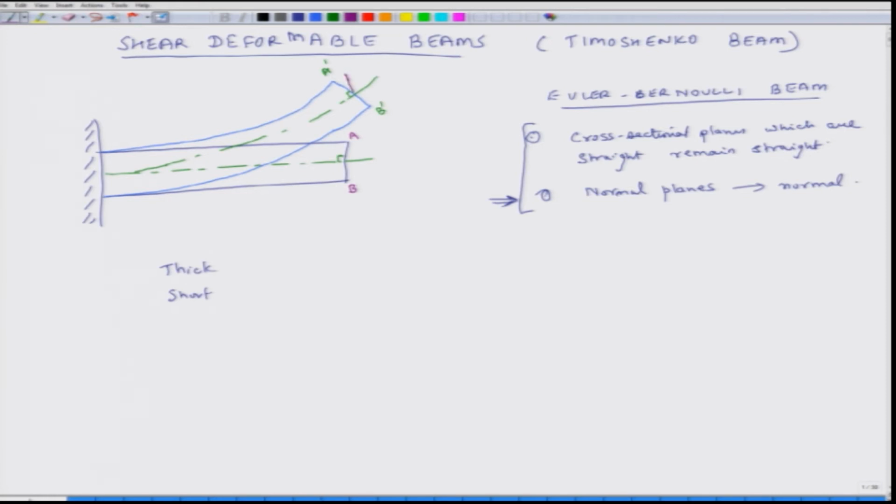Let us say this is A prime prime and B prime prime. So, in that case, for thick and short beams, this normality condition does not hold, and as a consequence we have this extra rotation, and I will call this rotation psi.